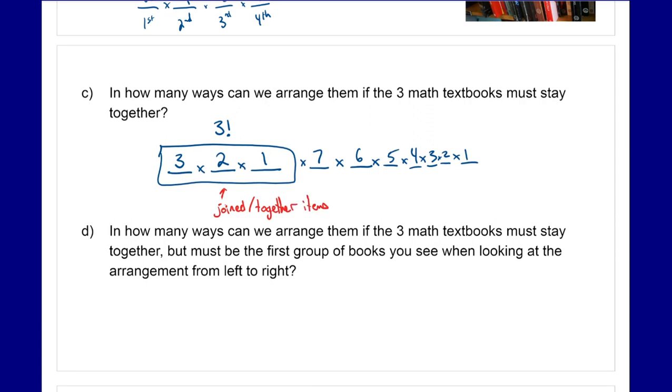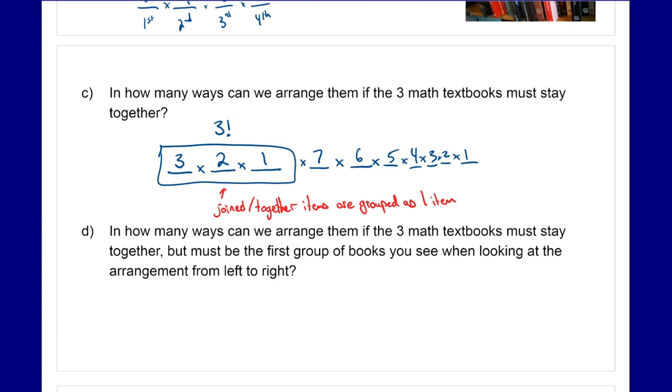Anytime a question talks about them being joined, together, side by side, things like that, they're grouped as one item. So we have to think of this group as one of the items that we can arrange throughout. This now becomes 8 objects: this group of 3, and then the 7 other textbooks that I would have to arrange.